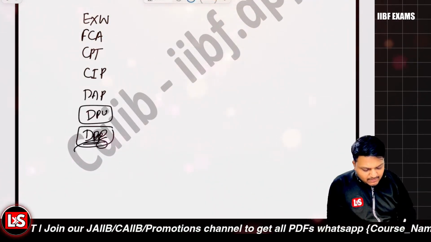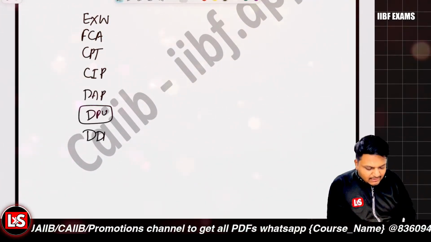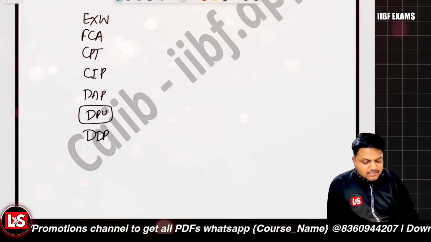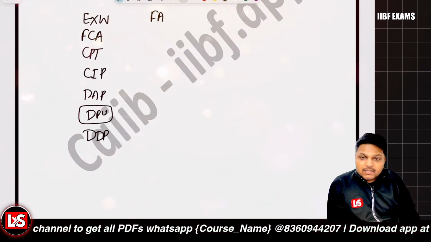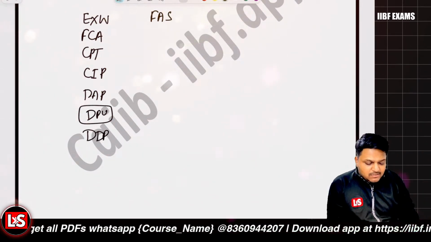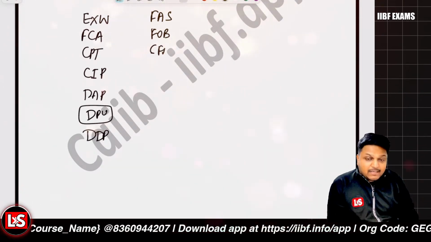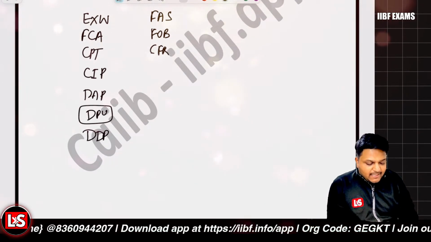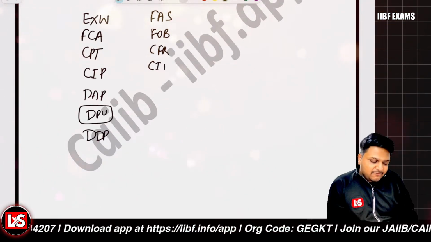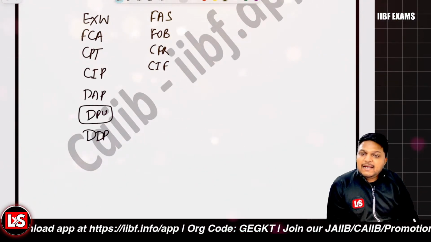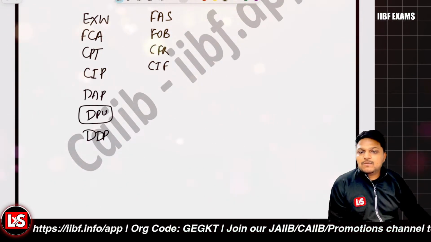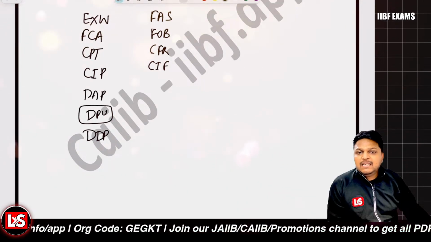Further, free alongside ship, that is FAS, FOB, that is free on board, CFR, that is cost and freight, and CIF, that is cost, insurance and freight. So these are the 11 Incoterms.